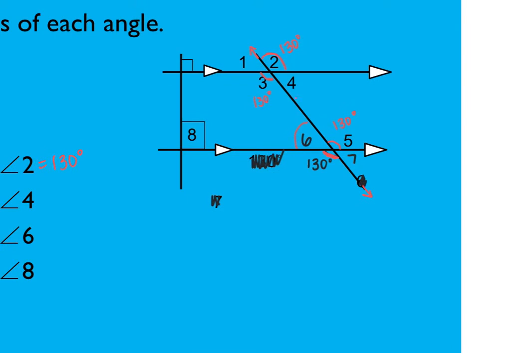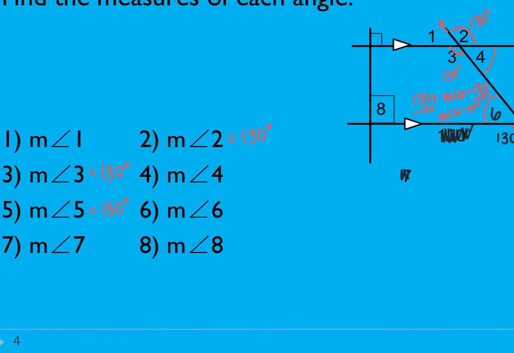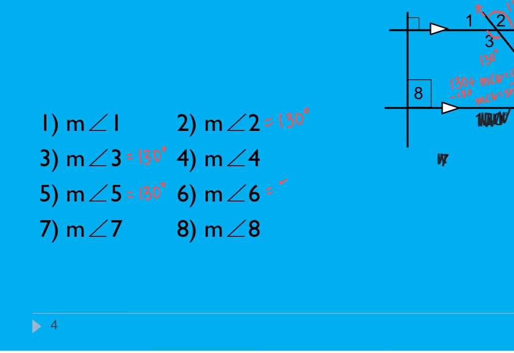So let's go ahead and put 130 plus the measure of angle 6 equals 180. So then all we have to do is subtract 130 from both sides. So the measure of angle 6 is now 50 degrees.